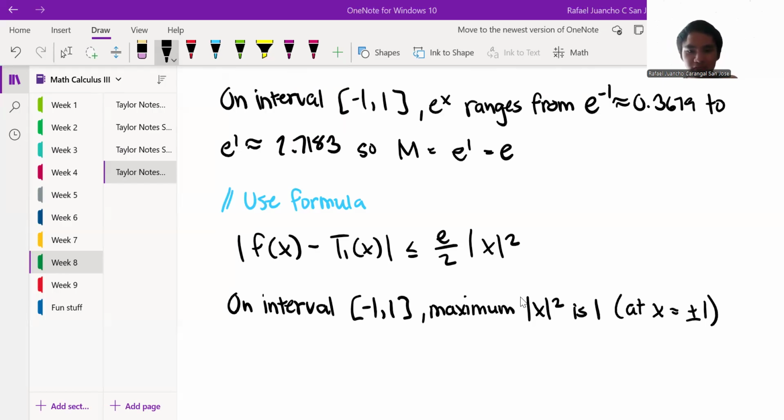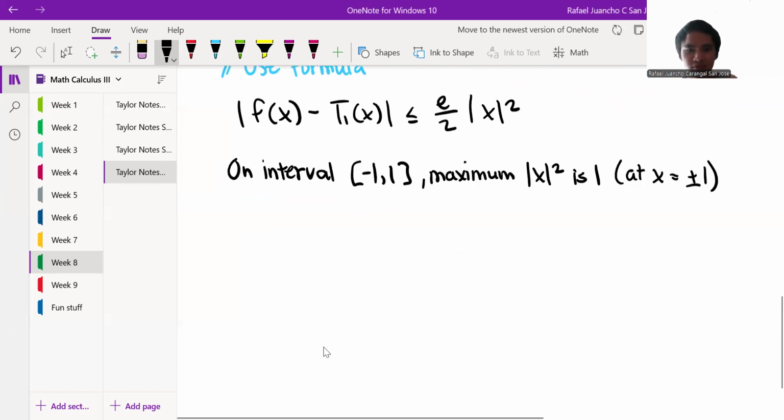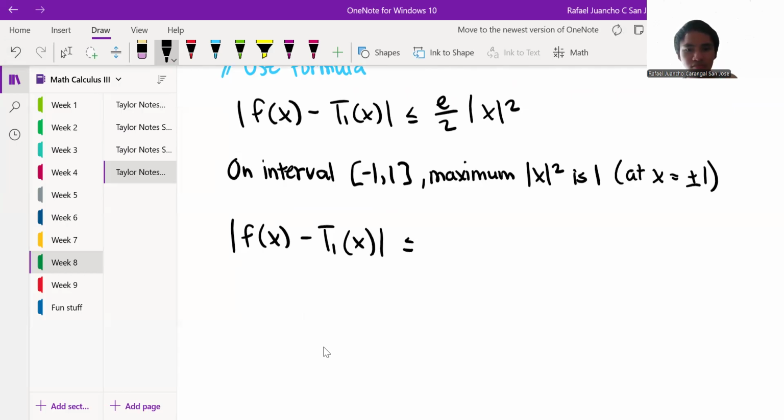And so, yeah, that's the final answer. So the bound should be at most e half, right? So at most, it should be e to the half, which is around 1.35915-ish. And so let's try to evaluate the other bounds.